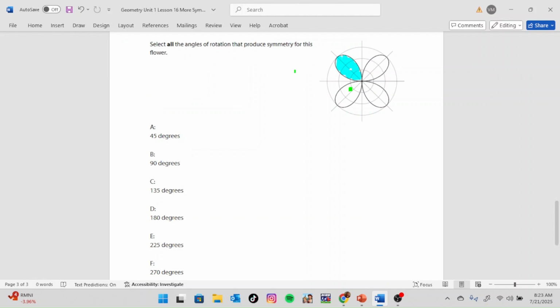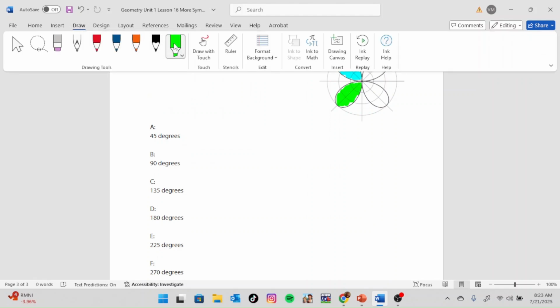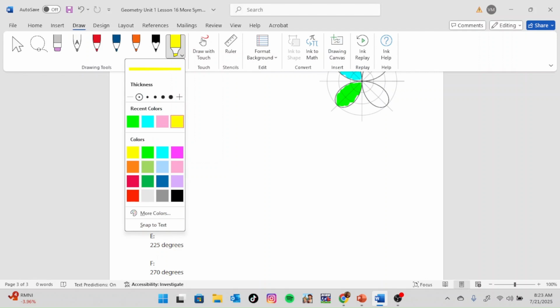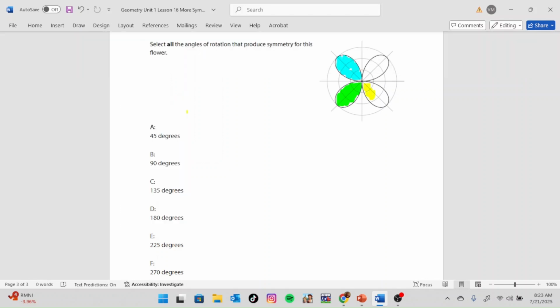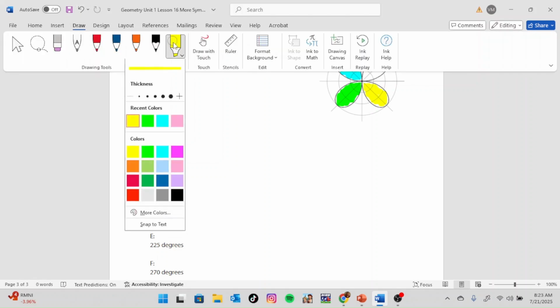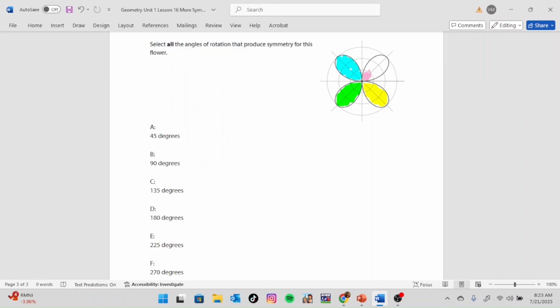We have this petal in the lower left. We have a third petal in the lower right. And we have our fourth petal in the upper right.